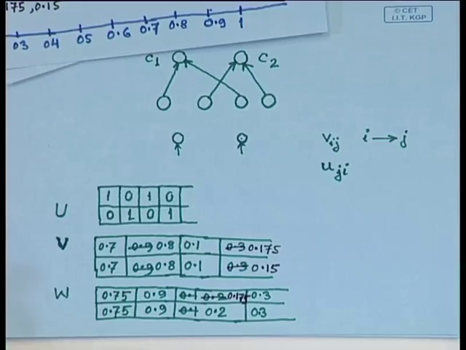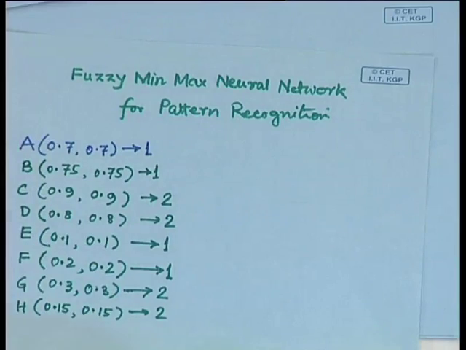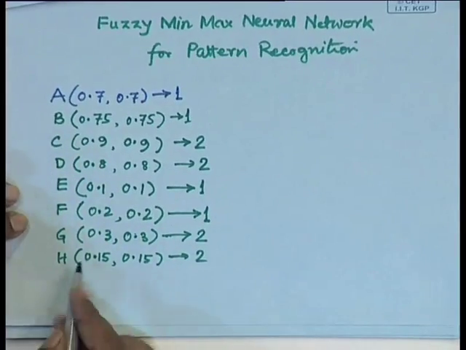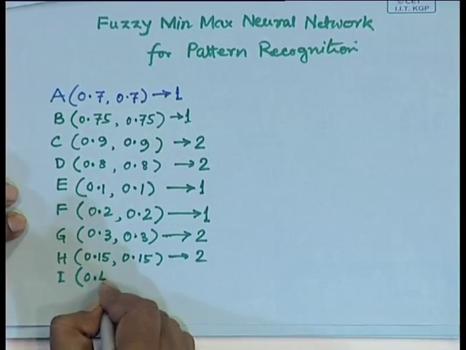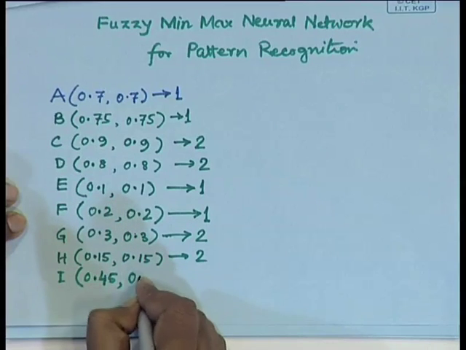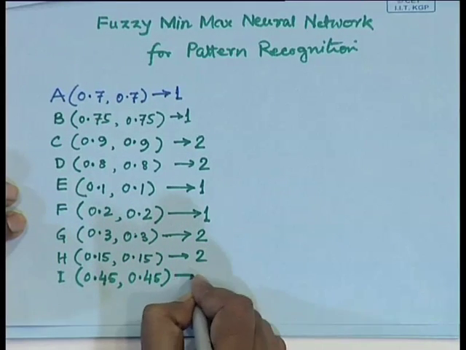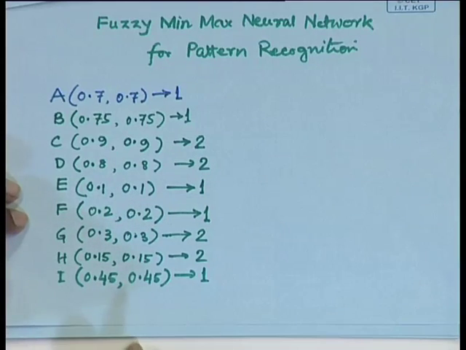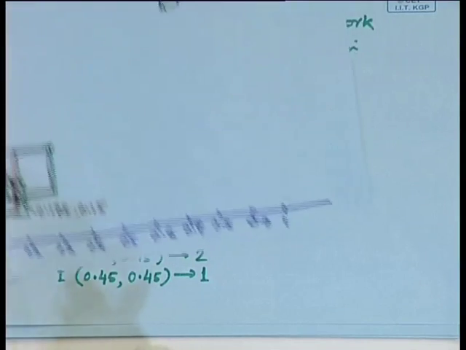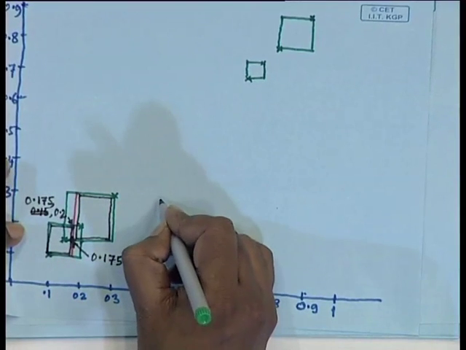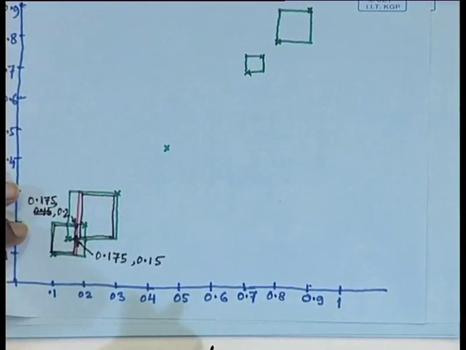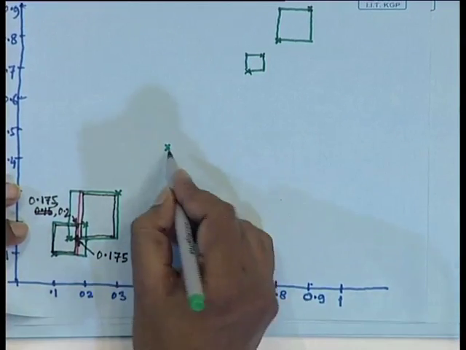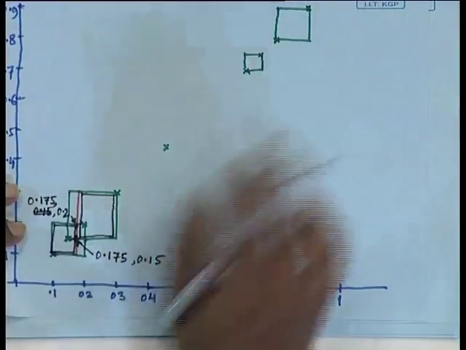Now, let us take the next point, point I, for which the feature vector is 0.45, 0.45, and this belongs to class 1. Suppose this cannot be included in any of the hyperboxes after expansion.